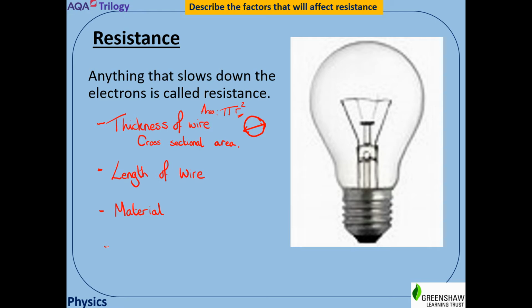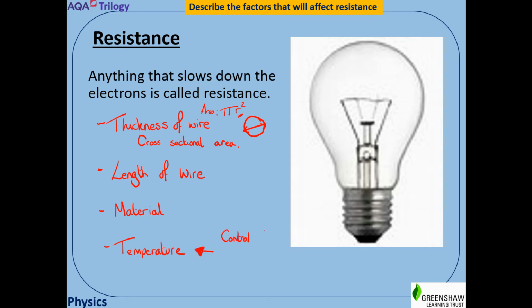And lastly, the other factor that will affect it is temperature. And we know that this affects resistance because that was one of our definitions when we were talking about our ohmic resistance yesterday. So we need to do whatever we can to control this variable when we are experimenting.